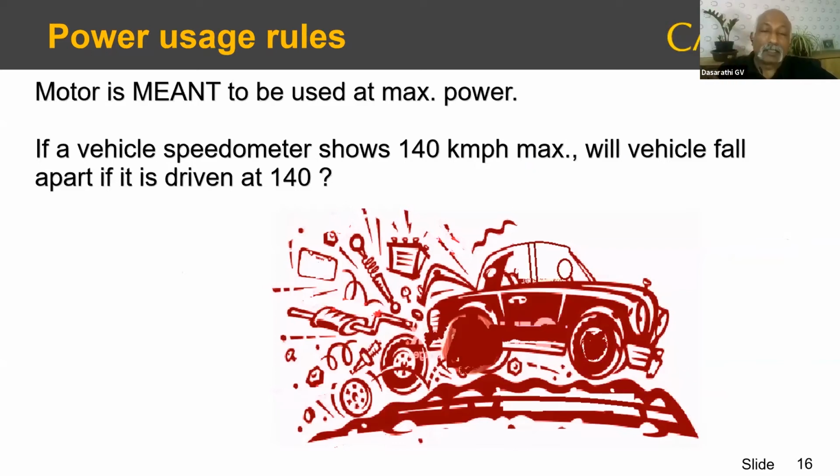That is defined by the continuous rating and the short-term rating, which are available in your specification. Then we saw the speed power graph, and how you estimate what power is available at what RPM of the motor. Now we are saying, what are the rules?